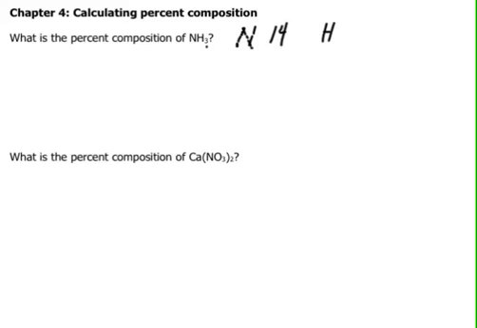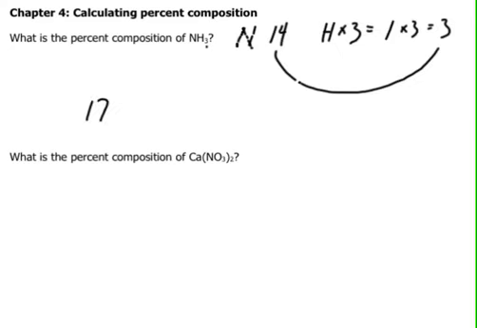So hydrogen times 3, the molar mass is 1 times 3 is 3. So the total mass then is going to be 14 plus 3, or 17.